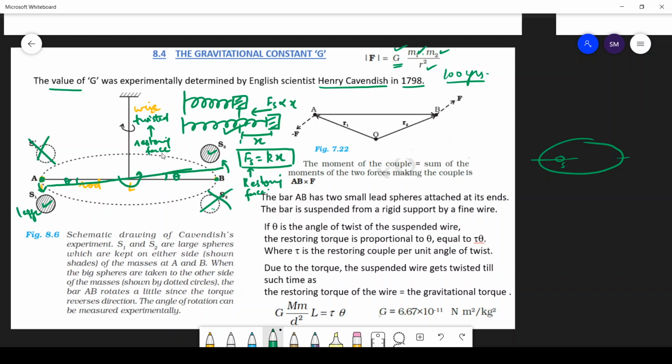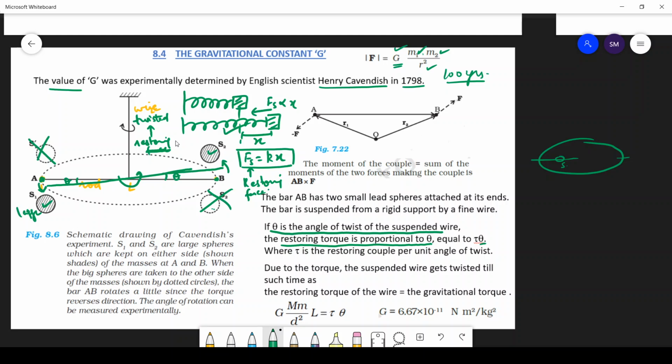So here this restoring force definitely means, if theta is the angle of twist of the suspended wire, then the restoring torque is proportional to theta. Here, instead of force, we have restoring torque, right, because here it is rotation.